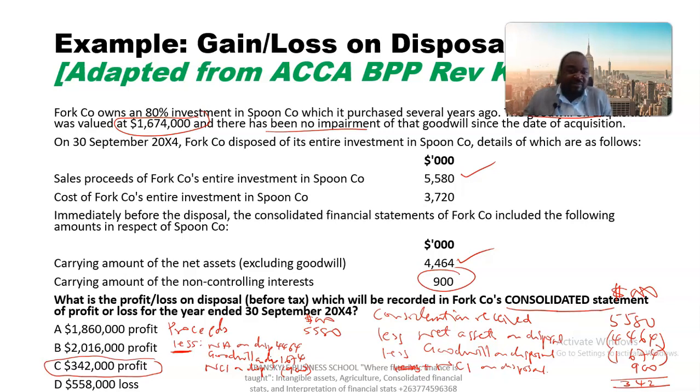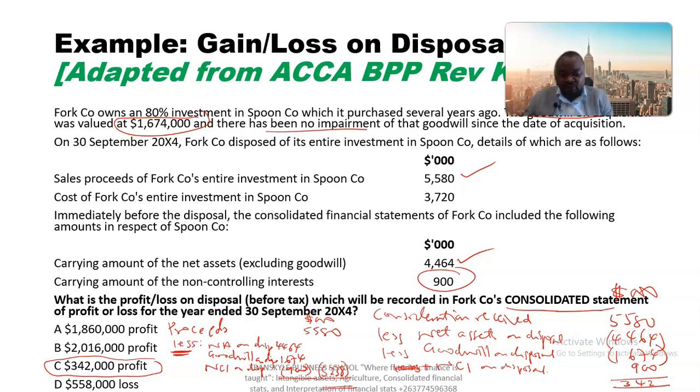Minus minus, something like that. So what is the total figure then? 4464 plus 1674 minus 900. We get 5238. And remember, we have got a less here, so this ultimate figure is a negative figure.